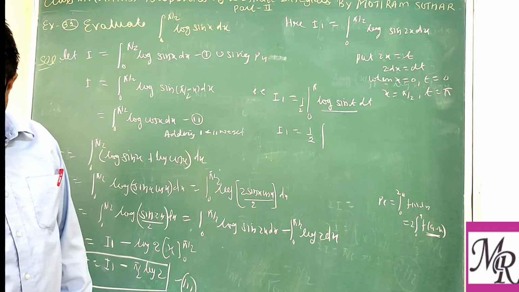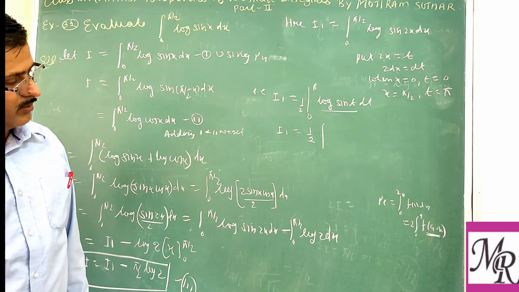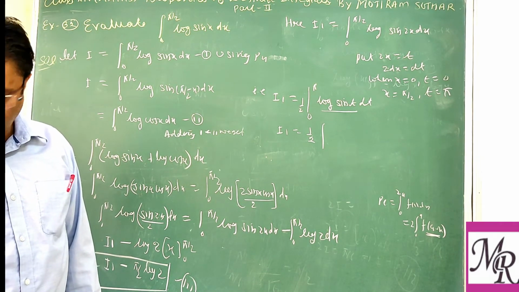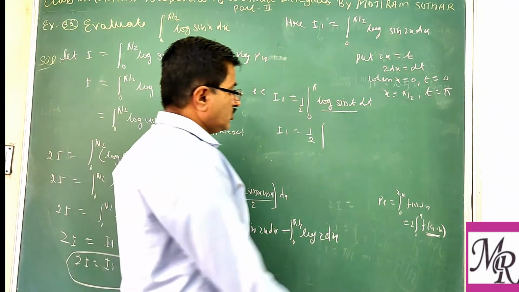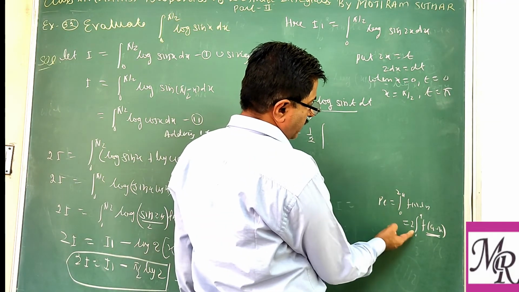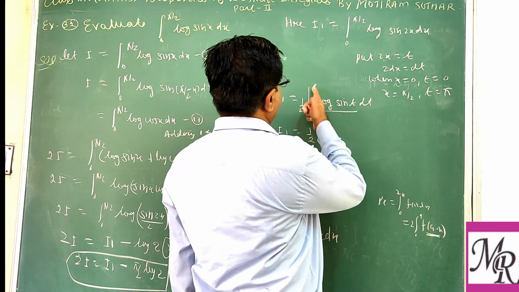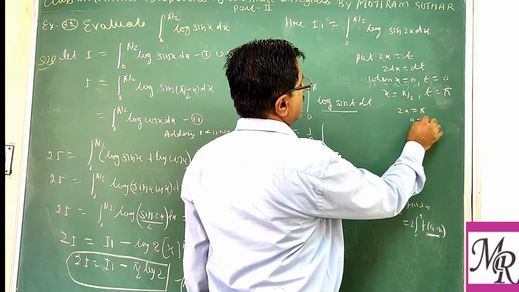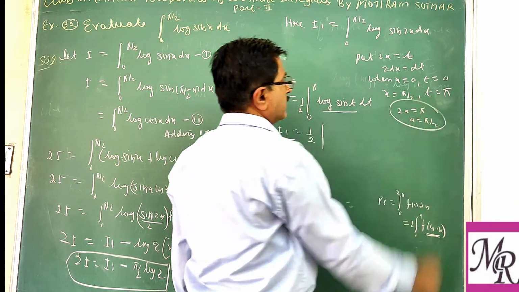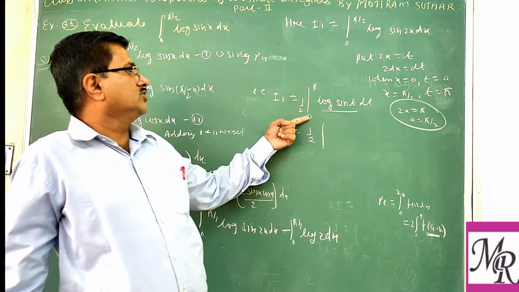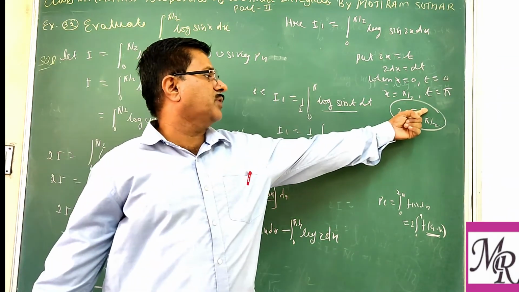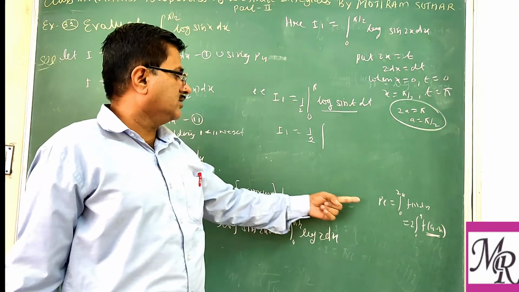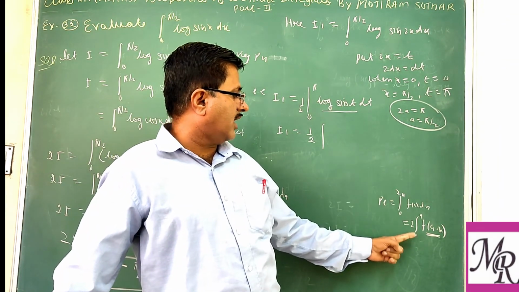Here property 6 says f of 2a minus x equal to fx. So 0 to 2a converts into twice 0 to a. Why do we call it 2a? Our 2a is pi, so a equal to pi by 2.